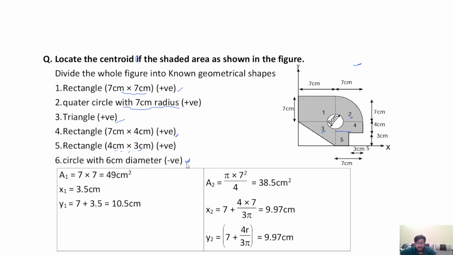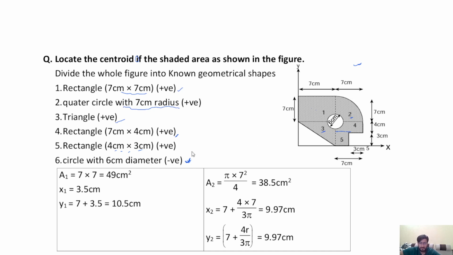That's why this is negative and the other parts are positive. You can divide the figure in your own way. You can take this rectangle in numbering 2 or 3 as you like. You can number in your own way.